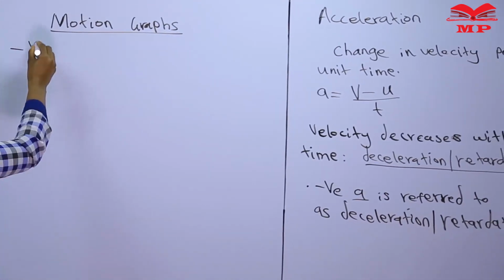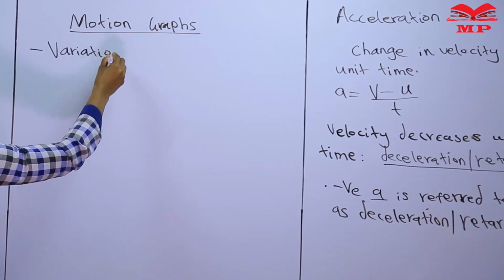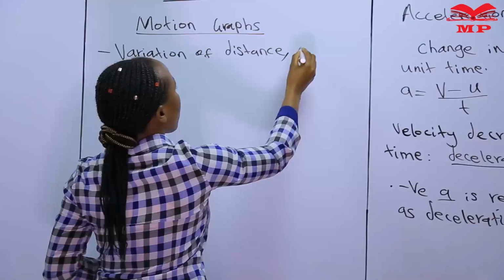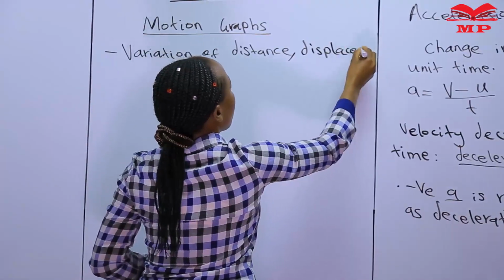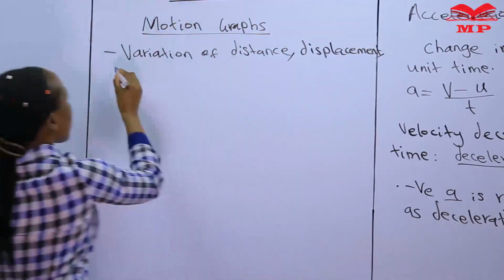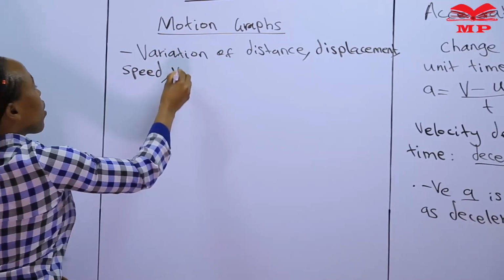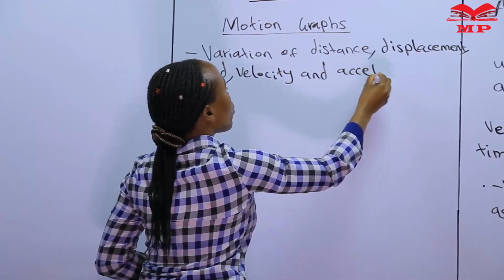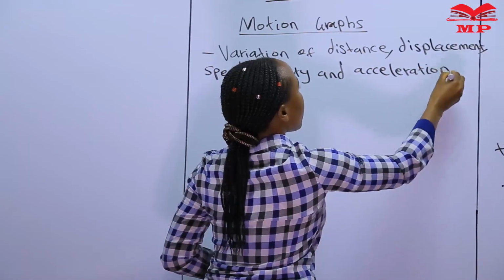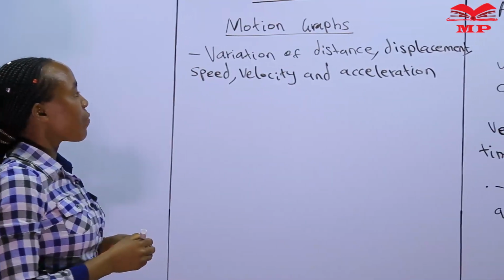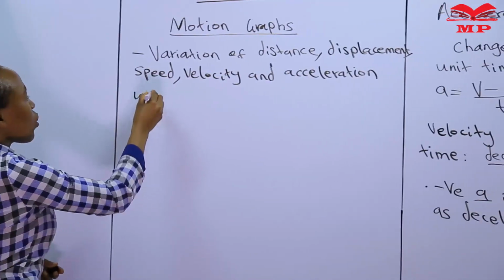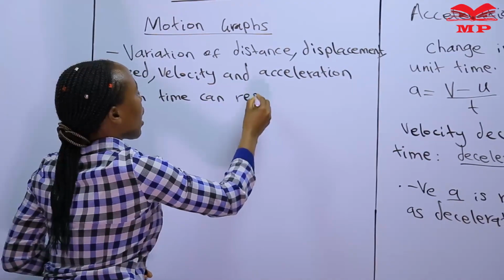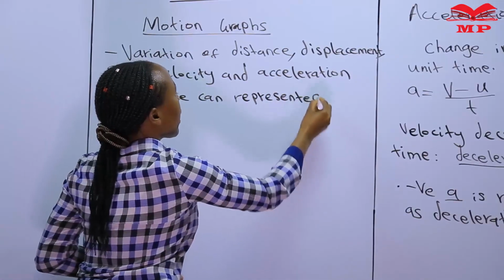I'll start by saying that the variation of distance, displacement, speed, velocity, and acceleration with time can be represented graphically.